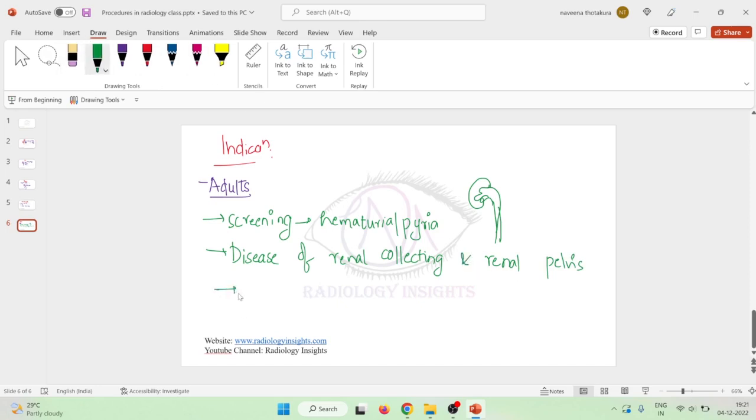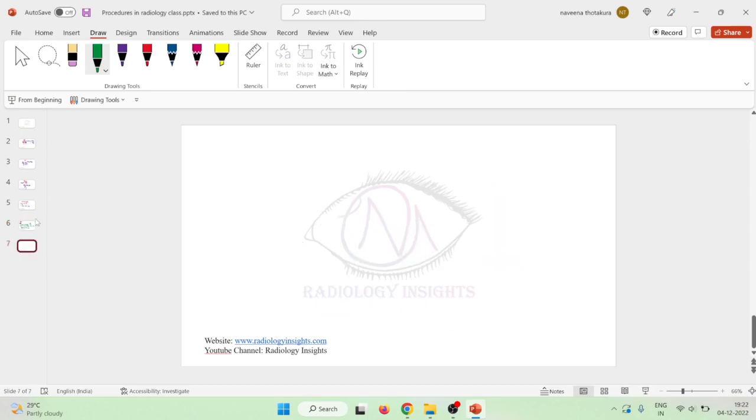Then if you have to know the functioning of the kidney, the functioning of both the kidneys can also be assessed with the help of intravenous urogram. And then abnormalities of the ureter. If there is any abnormality of the ureter, that can also be assessed with the help of intravenous urogram.